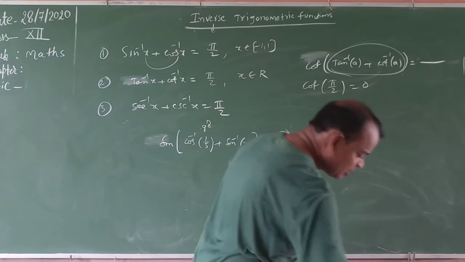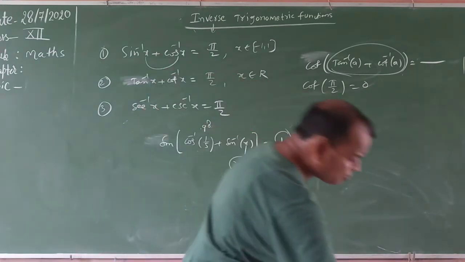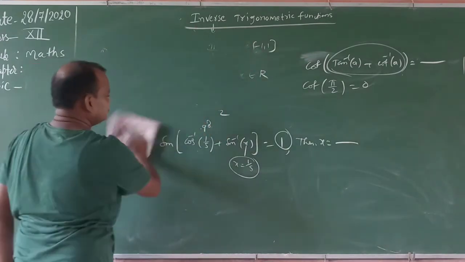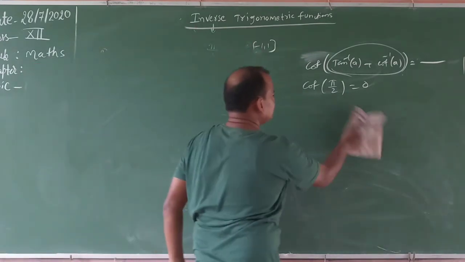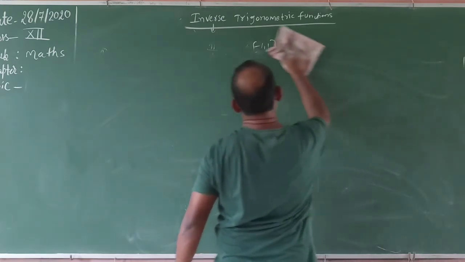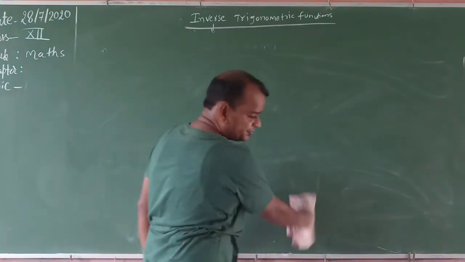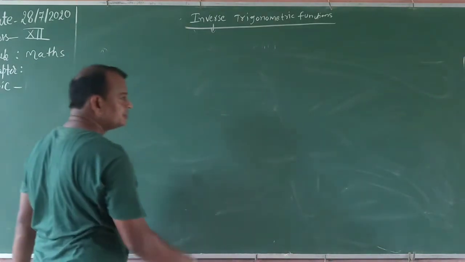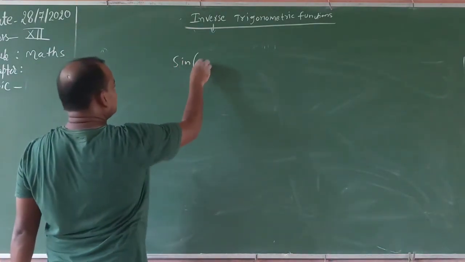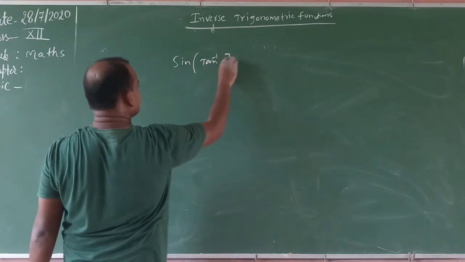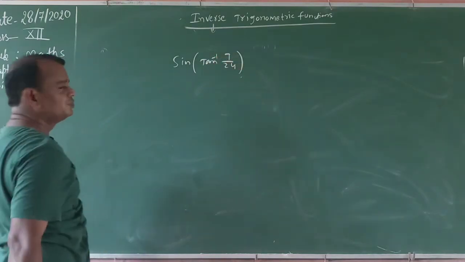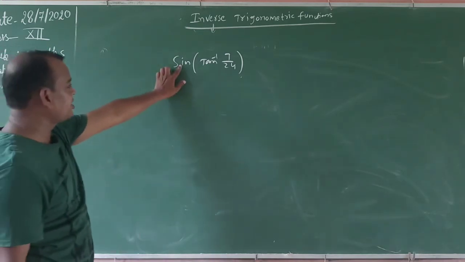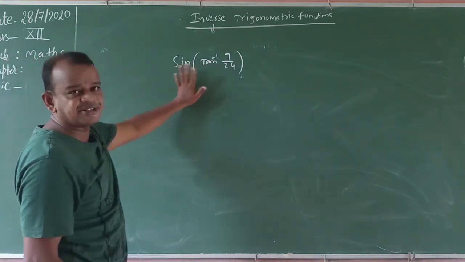Simply remember, suppose some questions ask: find the value of sin of tan inverse of 7 by 24. Already I told you, sin is there and sin inverse gets cancelled.